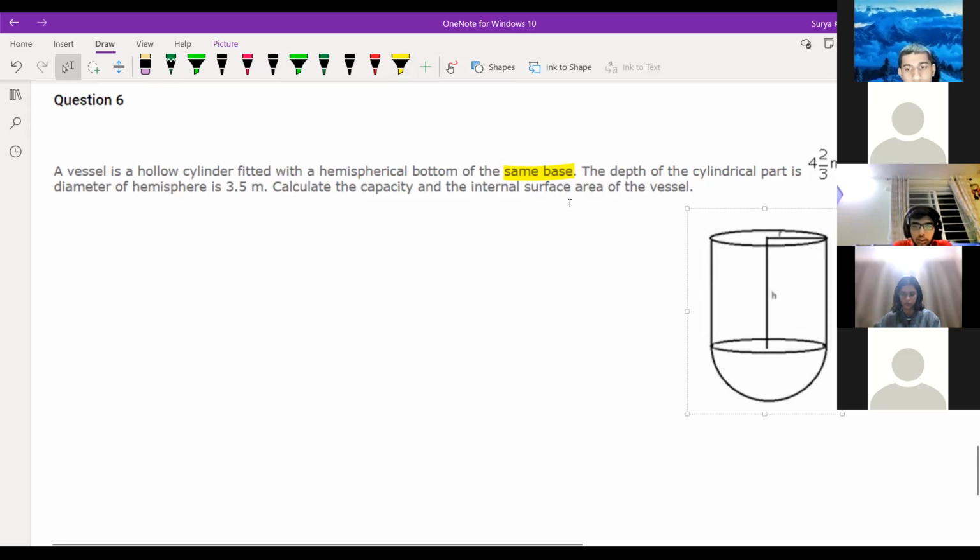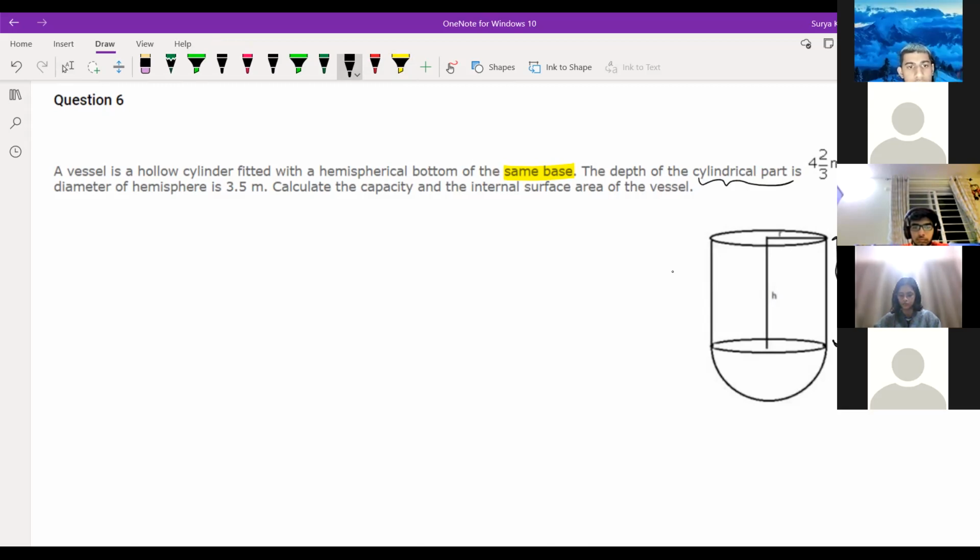The depth of the cylinder part is 4 2 by 3 meters. Only the cylindrical part they are saying 4 2 by 3. It means that the height of this is 4 2 by 3, that is nothing but 14 by 3 meters. Only this height from here to here, because they have given here cylindrical part.